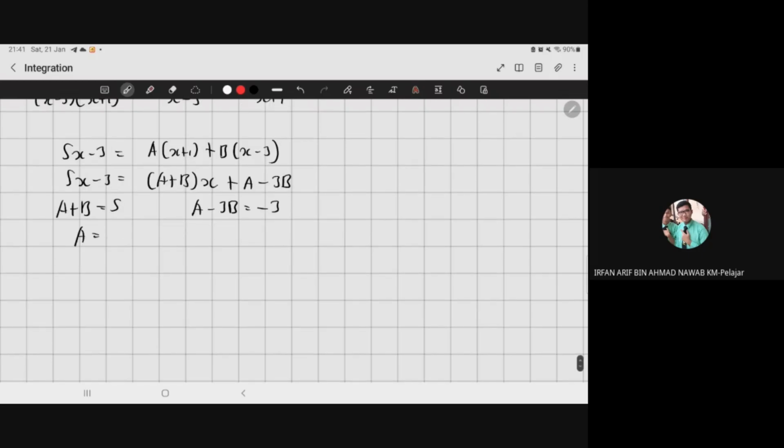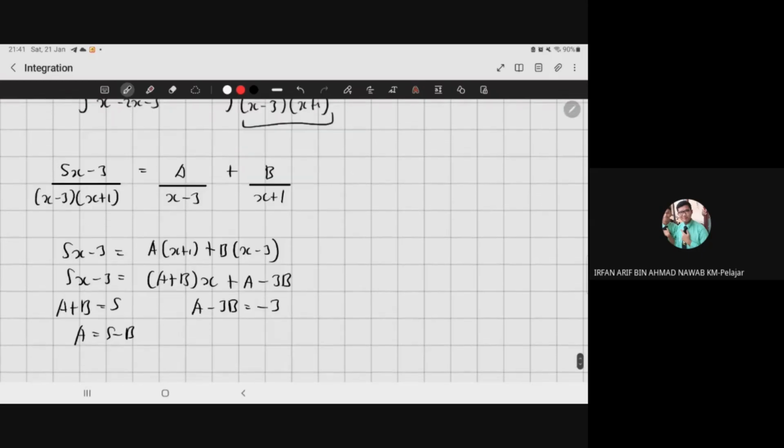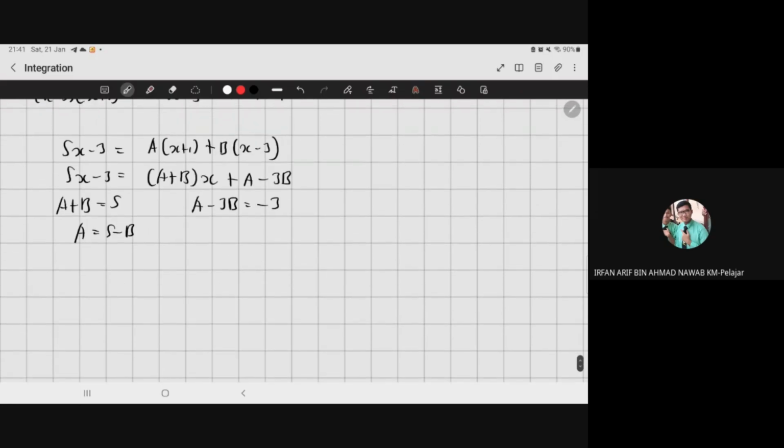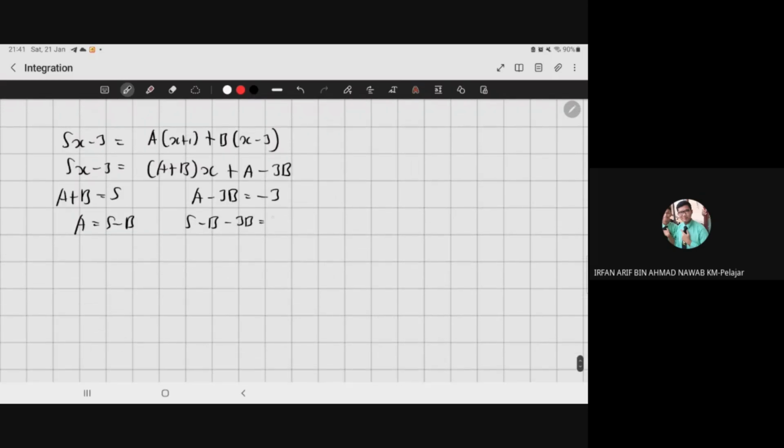So A is equal to 5 minus B, and just use back substitution. So this will get 5 minus B minus 3B is equal to negative 3. There will be negative 4B is equal to negative 8. B will be 2, and you get your A here, which is A is equal to 3.